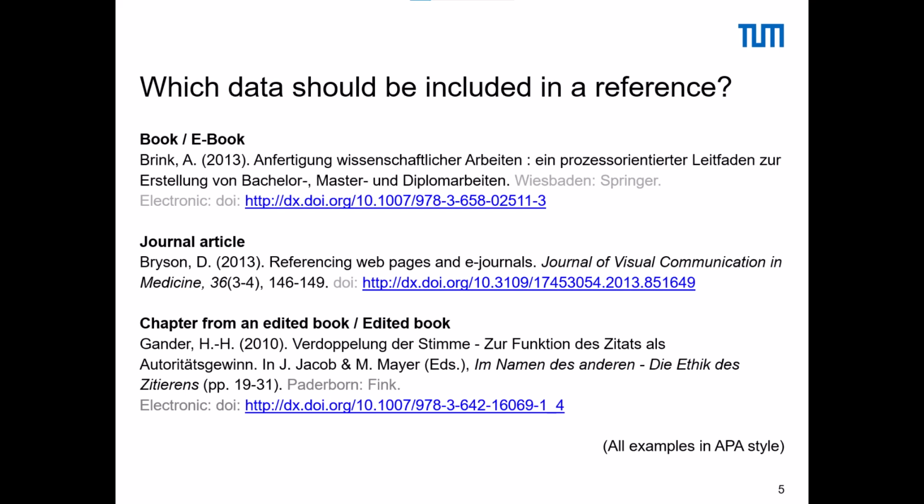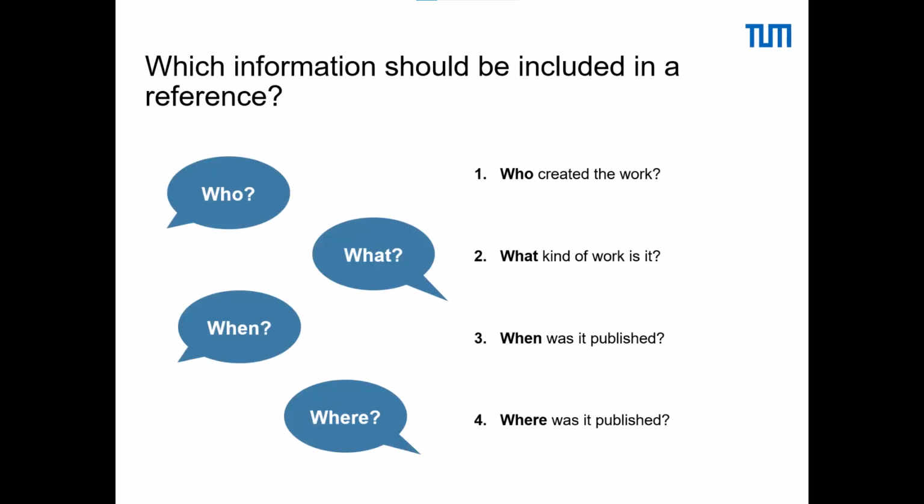Here we also have as the place where it was published the title and the information about the book it was published in. So the pieces of information we always find in each reference are who wrote it, the author's name, when it was published, what kind of source it is, the title and type, and where it was published, respectively where I can find it.